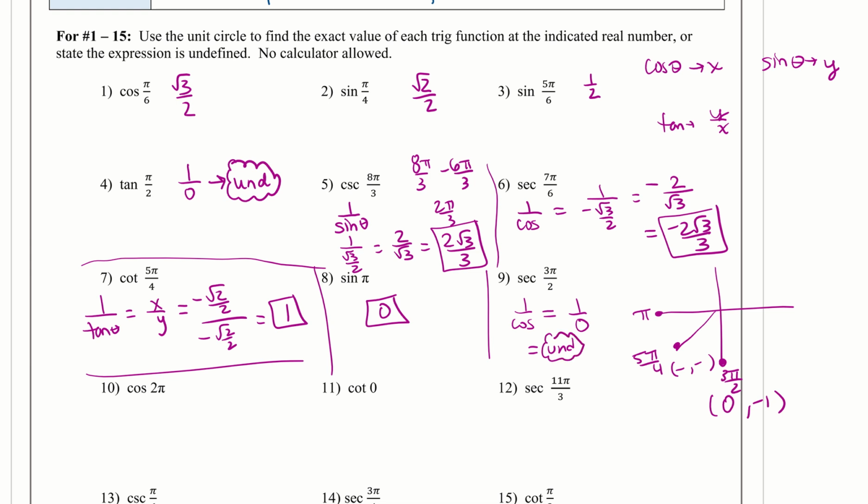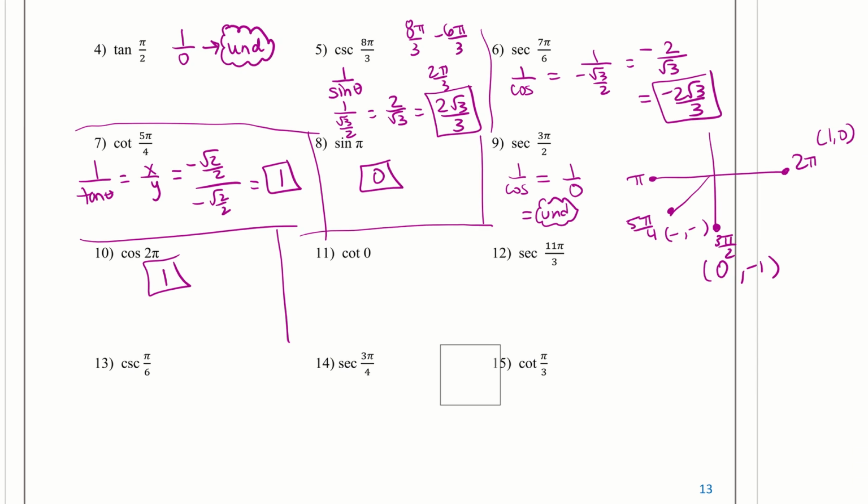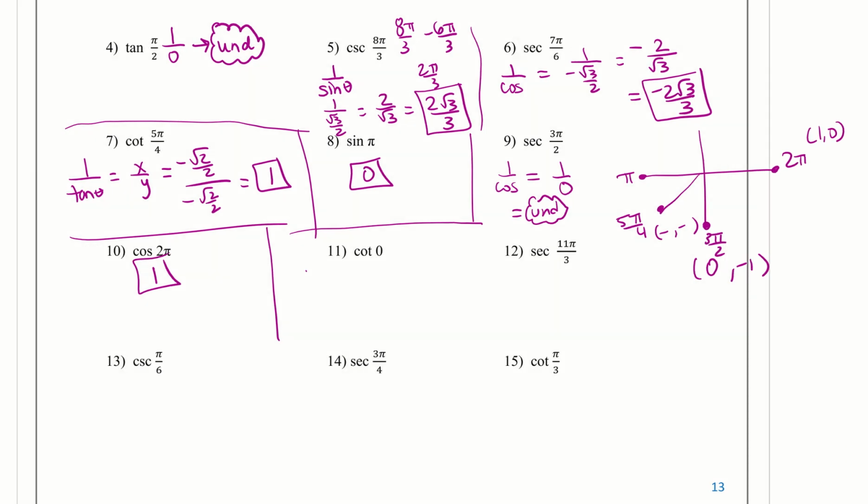Cosine of 2 pi. 2 pi is right here, which has the coordinates 1, 0. Cosine is the x value. Cotangent of 0. Tangent, remember, is y over x, so cotangent is x over y.